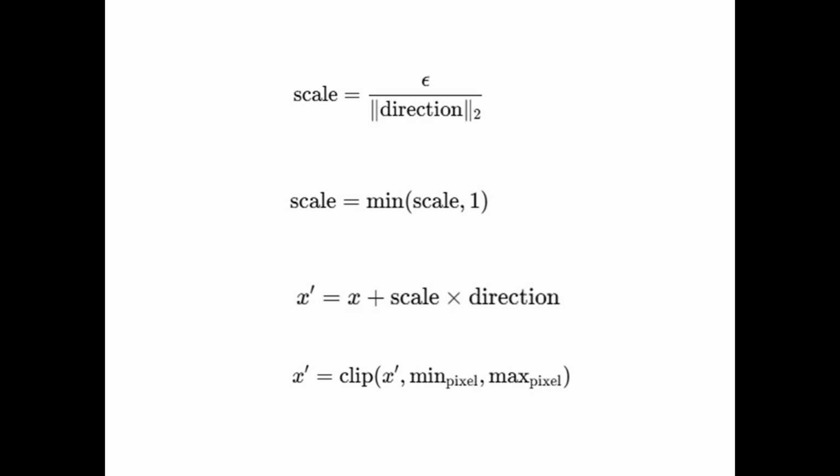This new image has reduced contrast compared to the original image, and will then be passed to the next step, which involves clipping the image to the valid range, of which the formula is displayed on the screen, in which the minimum pixel and maximum pixel are the valid pixel value range, usually from 0 to 1 for normalized images. The clip function ensures that no pixel value falls outside this valid range.